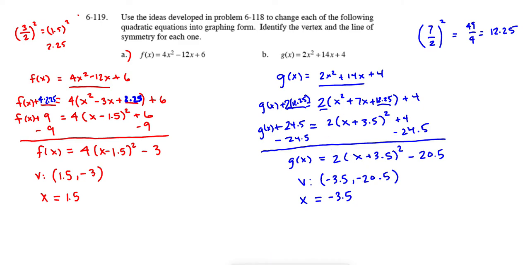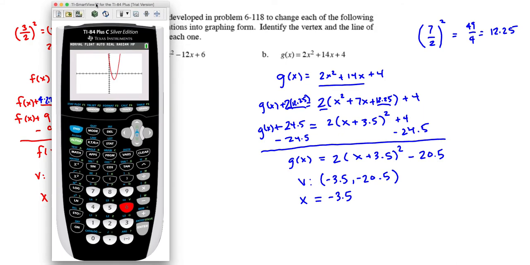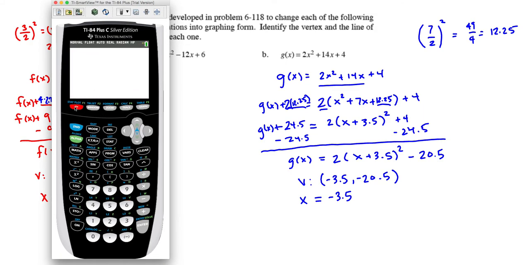To check, pull out that calculator, graph both of them there, look at the tables, however you wish to do it there. So 2x squared plus 14x plus 4.